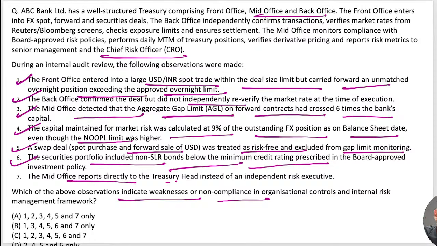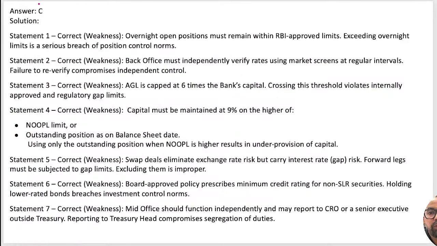Mid-office reports directly to the Treasury head instead of being independent. This is again non-compliance. All are cases of non-compliance here, right? So 1, 2, 3, 4, 5, 6, 7 means option C only will be the right answer. All the cases reflect non-compliance in this particular case. Next one, guys.